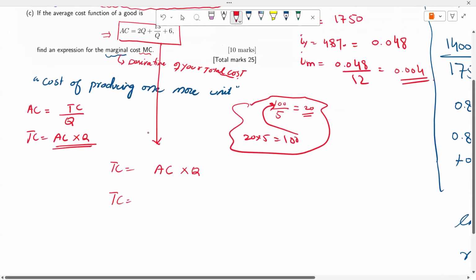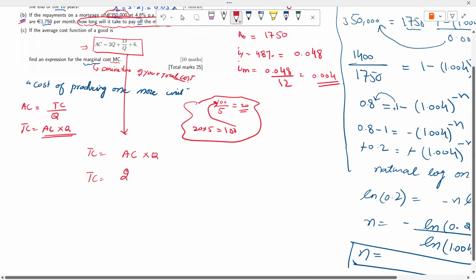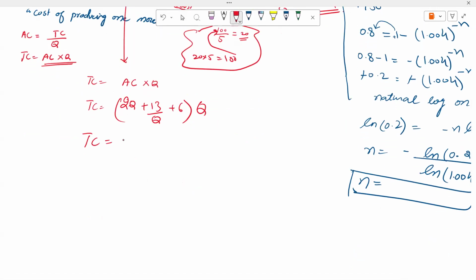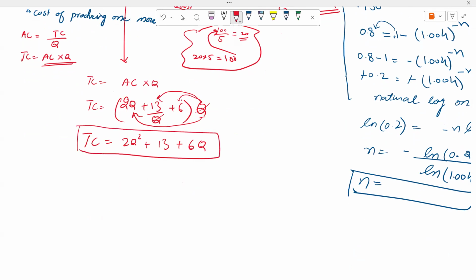I have the expression for the average cost, and that is 2Q plus 13 upon Q plus 6, multiplied with Q. So the expression for the total cost would be 2Q squared plus 13, because this Q would get cancelled out with this one, plus 6Q. The Q gets multiplied with the first term, the second term, and the third term separately. So this would be your expression for the total cost.